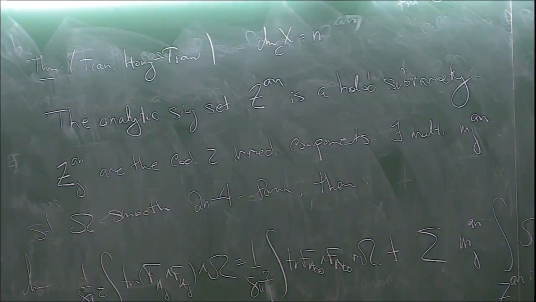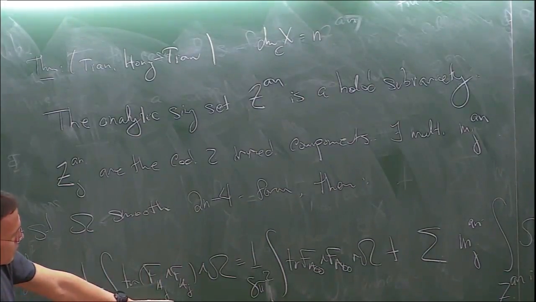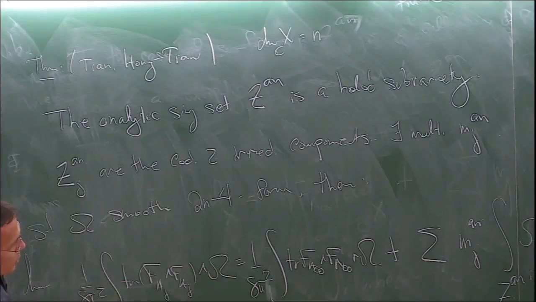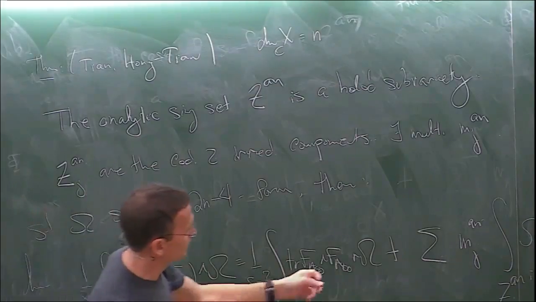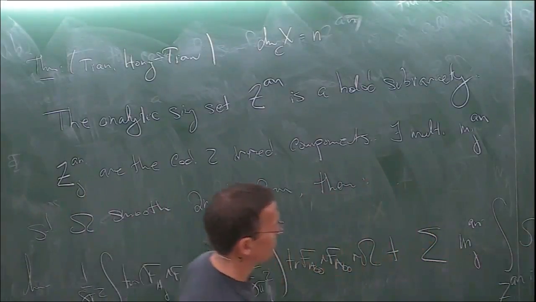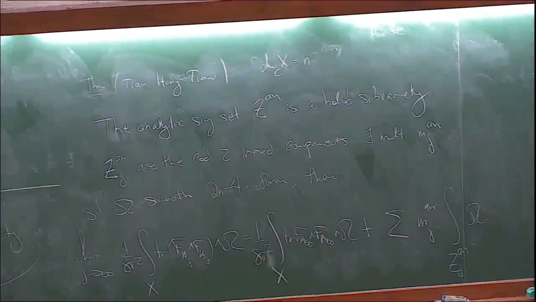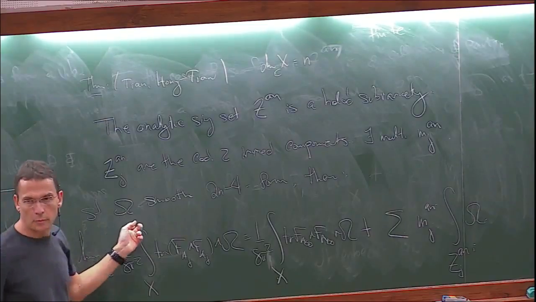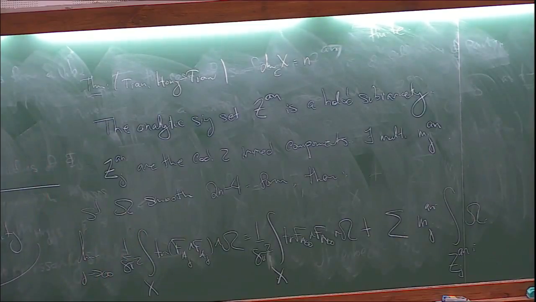So in some sense, it's saying that the second Chern form converges as a current. It's not quite saying that, I think, but it's basically saying that the second Chern form converges as a current to the limiting current plus the current defined by these analytic subvarieties. Yeah, so it's a current, so I have to tell you what it does to an arbitrary omega. That's basically what this is saying.